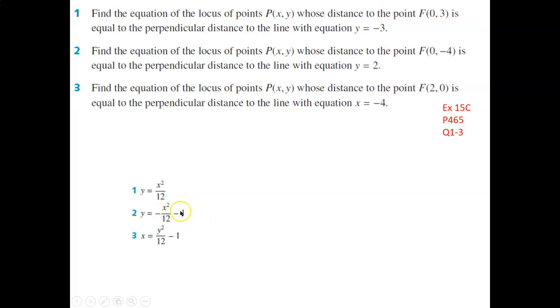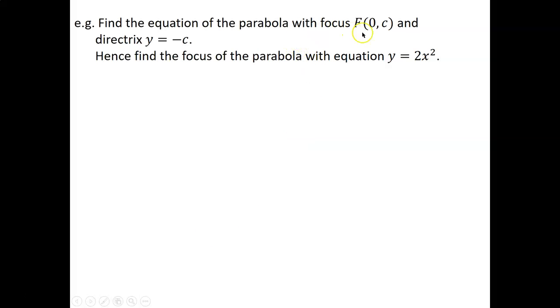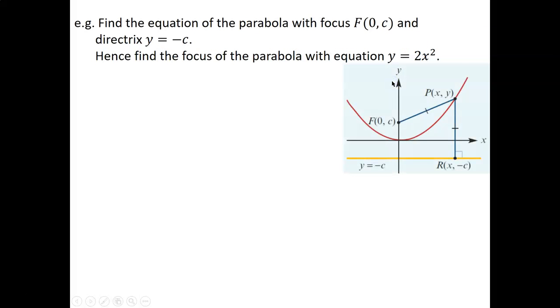Note that we can have translations of parabolas too. Okay, so here I'm given the focus and the directrix, and I need to find the equation of the parabola. We'll ignore the second part for now. So my focus is somewhere on the y-axis, I don't know where, I'm going to call the y-coordinate c.